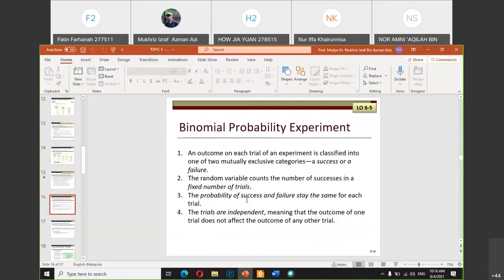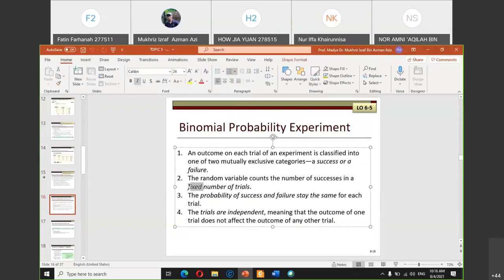It refers to your target or the objective of the experiment. If your experiment wants to see how many times you get heads, then the number of heads becomes the success, the probability of success, and the other event will be the failure. And then the number of trials will be fixed.